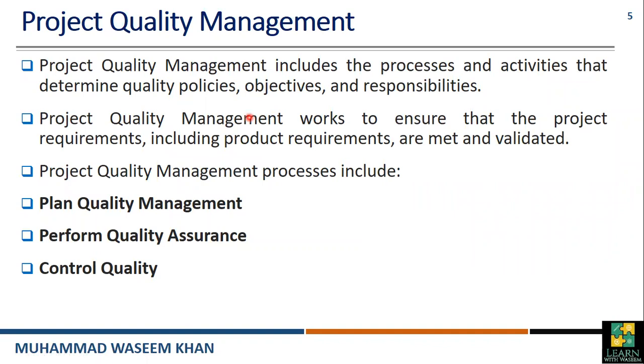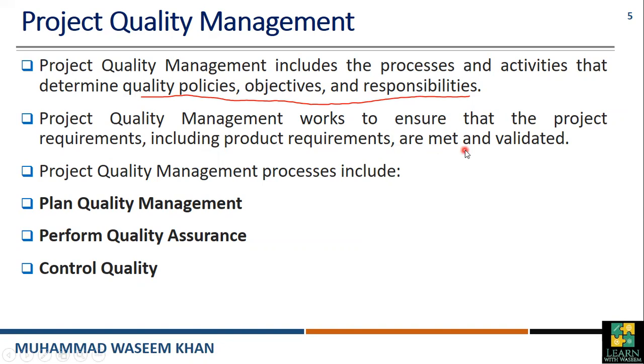Project quality management includes the processes and activities that determine the quality policies, objectives, and responsibilities. It is one of the knowledge areas of project management, and it includes all those activities and processes that establish the quality policies, the quality objectives, and quality responsibilities. Project quality management works to ensure that the project requirements, including the product requirements, are met and validated.